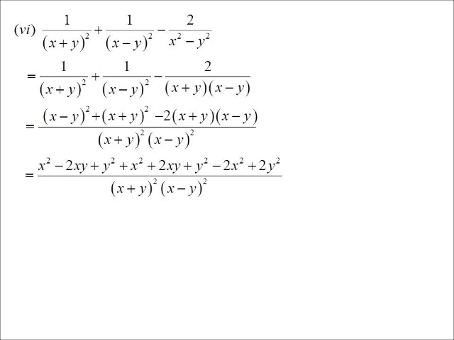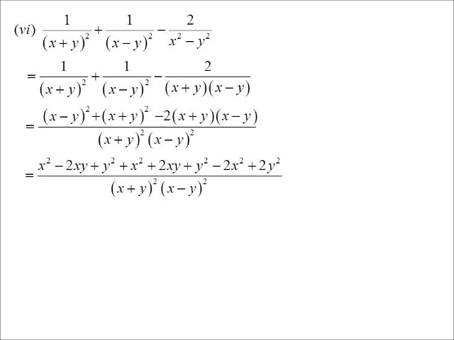So now it's going to be the middle term that's cancelling. So I'm going to have 2 lots of x squared and 2 lots of y squared. But I am going to subtract 2 lots of the difference of 2 squares. So I'm going to subtract 2 x squared minus y squared. So what did I have? I had 2x squared plus 2y squared. I'm going to take away 2x squared, but then minus minus. So I should end up with 4y squared if I've thought through that correctly.